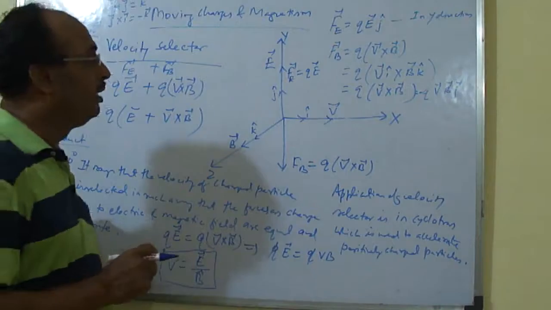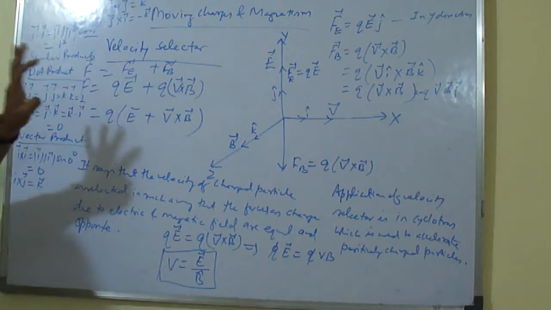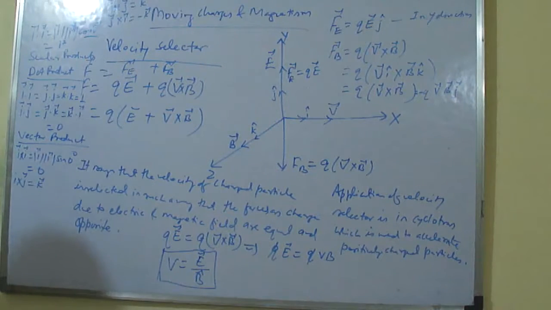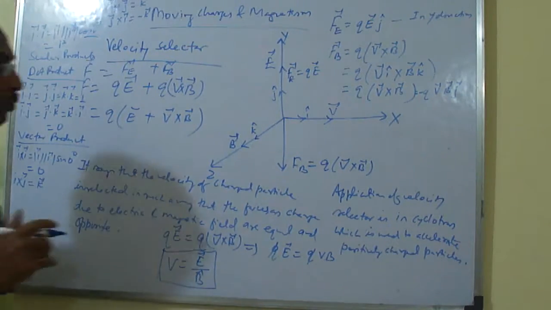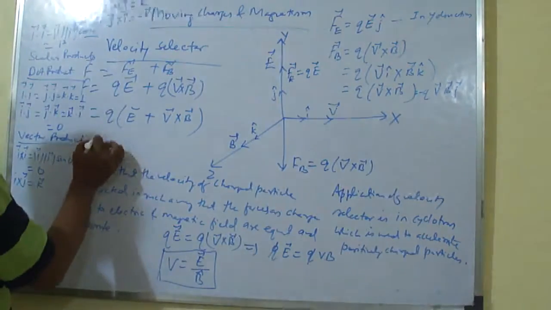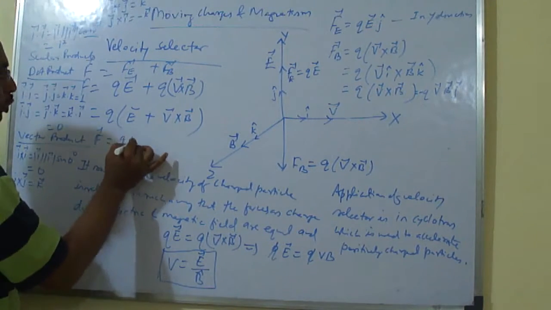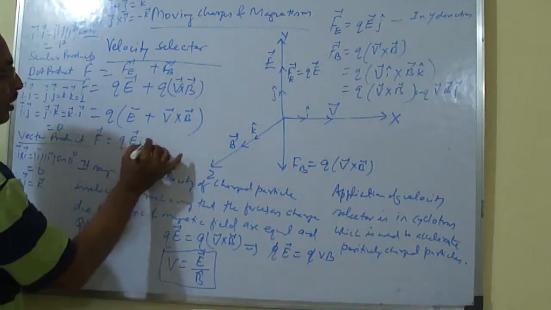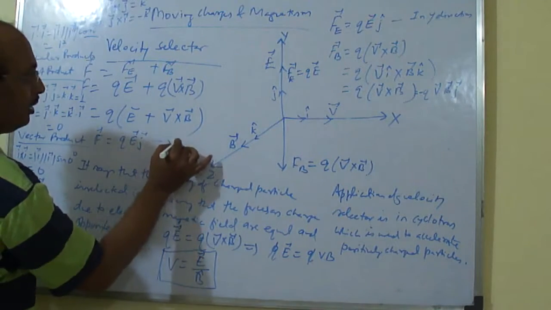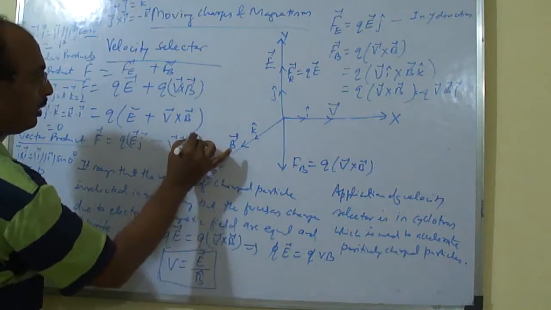So now in this velocity selector, the net force is becoming 0. The velocity of the particle is selected in such a way that the net force should be equal to 0. So what we can write here further, net force F is equal to QE J minus Q V B. Can we write like this?